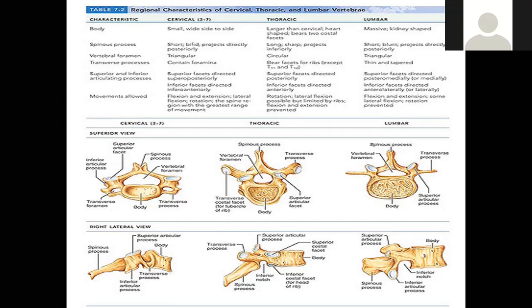Remember, it's the thoracic vertebra that connect with the ribs. The cervical and lumbar do not. And finally, the transverse process of the lumbar area are actually very, very thin. So these are the important characteristics of the vertebra that you're going to need to know.